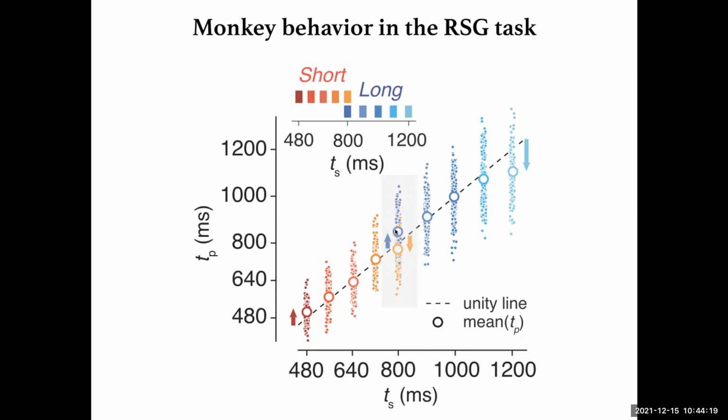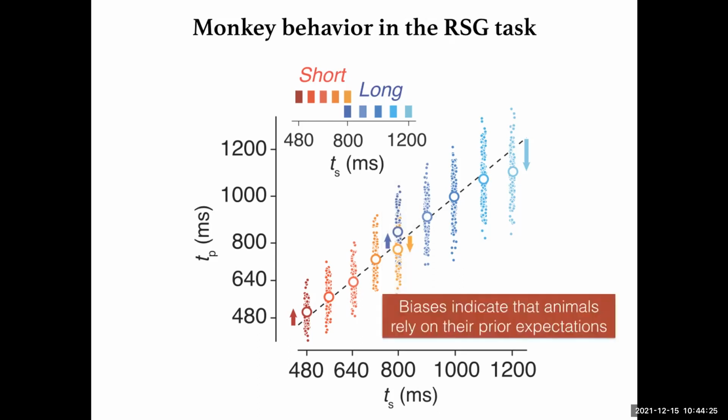You see that the animal is biased in opposite directions depending on its prior expectation. So these biases indicate to us that animals do rely on their temporal expectations to solve this task, which means then that we can go into the brain and try to find a neural correlate of those expectations.